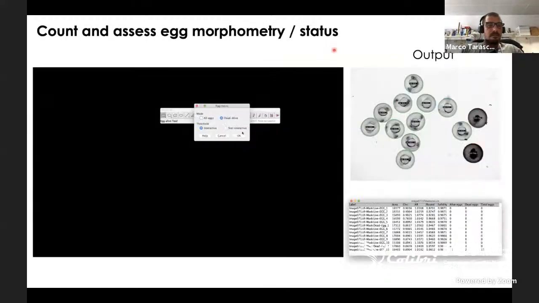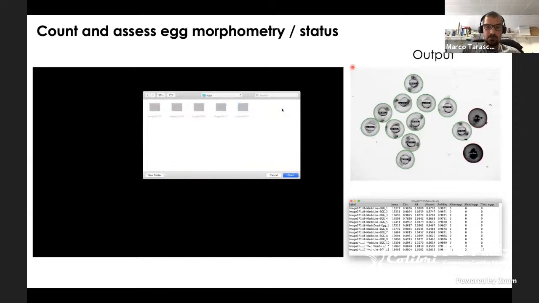Another example is to count and assess egg morphometrics and their status. Last year, I had to quantify from 24 different corals the number of eggs, report their area, and count how many were alive, how many were dead. So I did this macro in which, if you set the threshold not interactive, you really don't need to do anything.